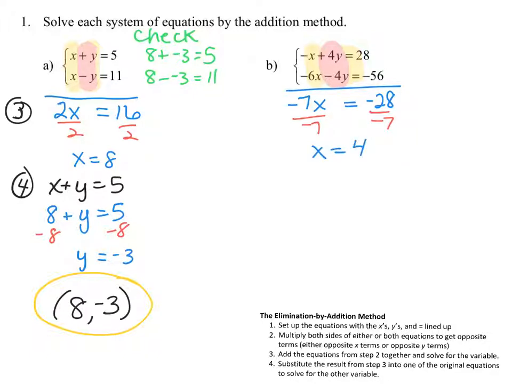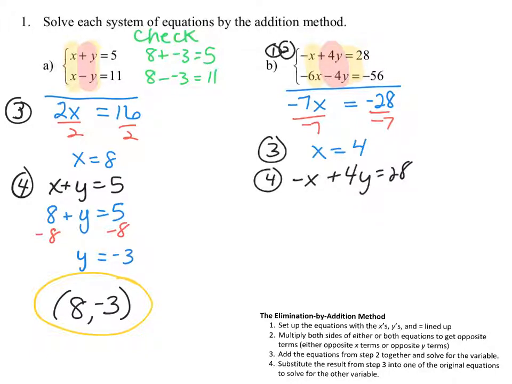So our first two steps were done for us in the setup. Step 1 and 2 already done for us. Step number 3 is to add those equations and solve for the variable. And then our fourth step here is to plug this answer from step 3 into one of the original equations. I'm going to do the first equation, which is negative x plus 4y equals 28.